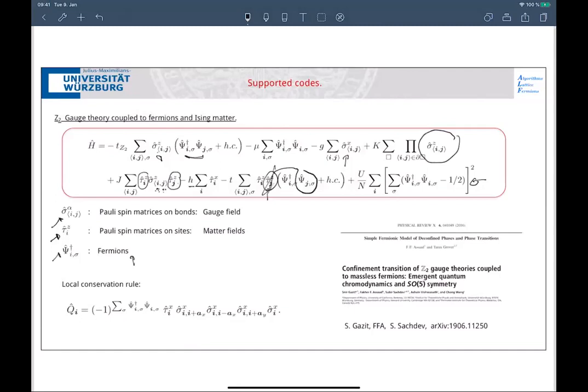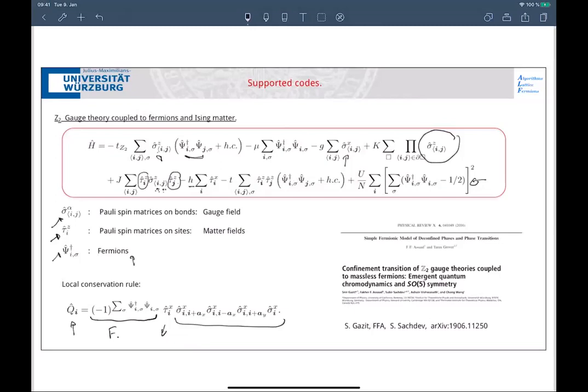Okay. When you talk about lattice gauge theories, you have to think about constraints. The point here is that there is one local conservation law, which is the fermion parity, this star operator, and this tau x for the matter fields. If you start in a given sector of this, you will always stay in this sector. And it's actually pretty easy to see.